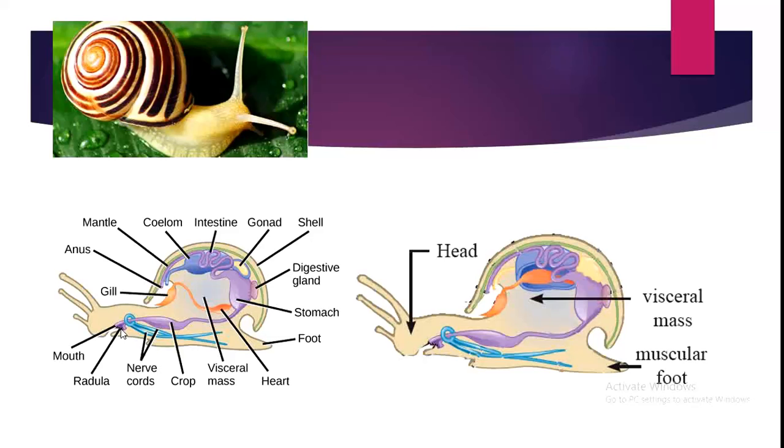You can understand the gradual development of the complexity of these animal phyla. Cnidarians showed asexual reproduction mainly. Then annelids also showed both asexual and sexual reproduction, but when it comes to mollusks, they show sexual reproduction.